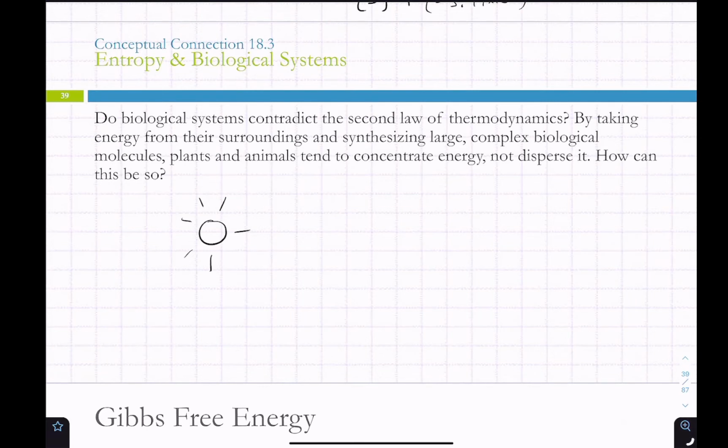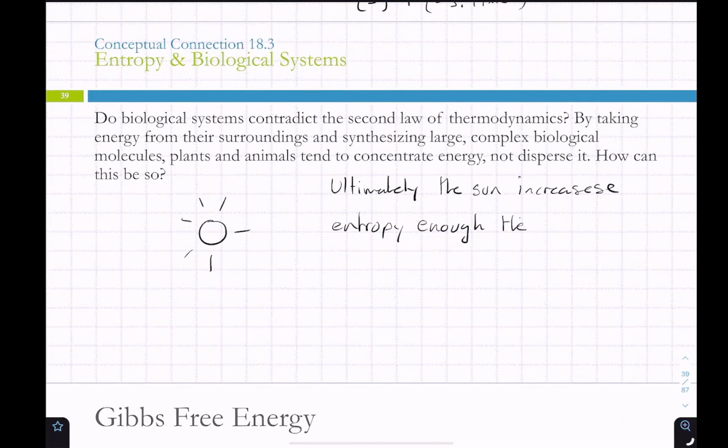So ultimately, the sun increases entropy enough that we can exist without breaking the second law.